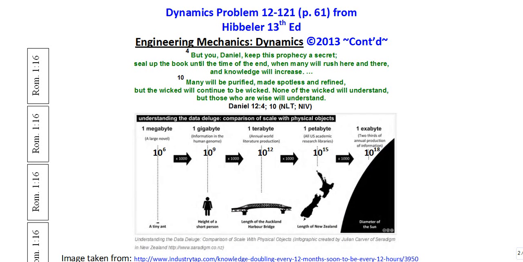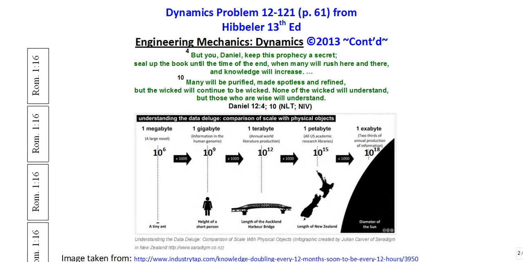It's also interesting in this diagram, if you look at the scale, when a megabyte used to be something, that could have been the size of an ant, but then a gigabyte became the height of a person, so far larger. And at the stage we are in, probably personally, is the terabyte stage, which is the length of the Auckland Harbor Bridge. And where we're headed is the length of a country, New Zealand, and then eventually that exabyte at the far extreme right is the diameter of the sun. So just to put things into a proper scale.